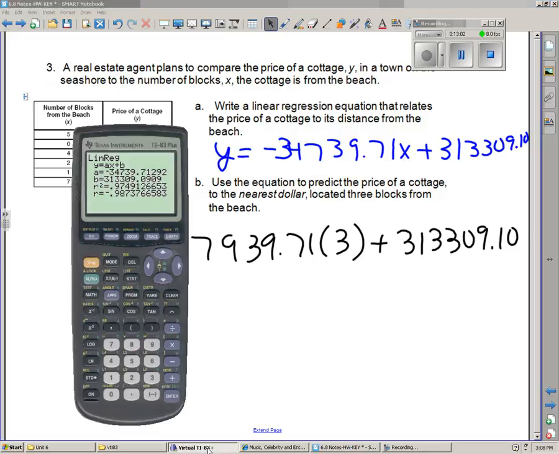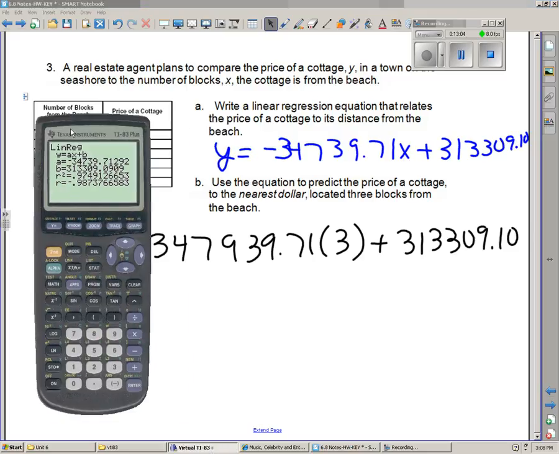I should probably plug it in because I got a different answer on here. It's easier to type it in. All right, so now I've got negative 34739.71.